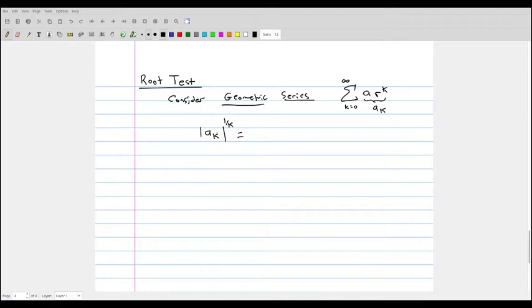The kth root of the absolute value of the kth term is going to be the kth root of the absolute value of a r to the k, which is going to be the same thing as the kth root of the absolute value of a times the kth root of the absolute value of r to the k.